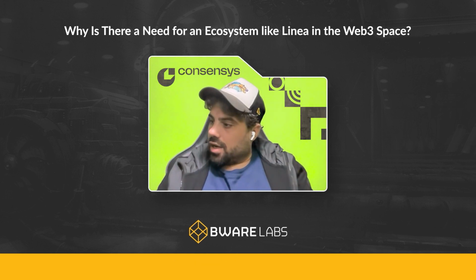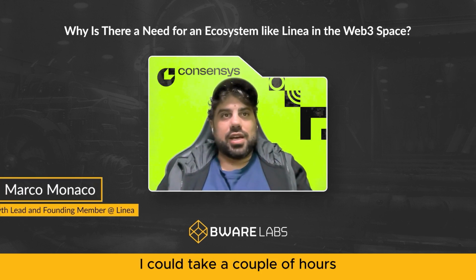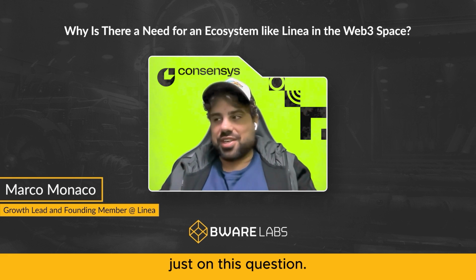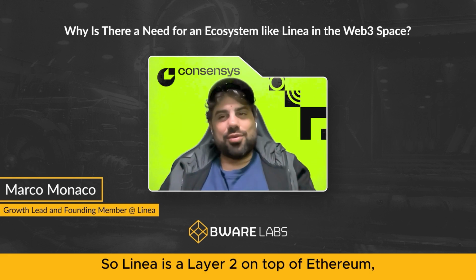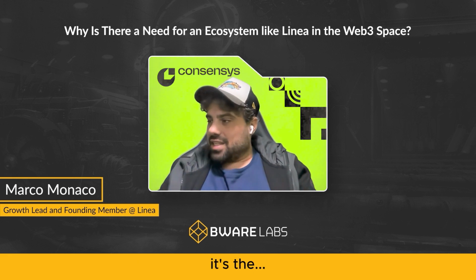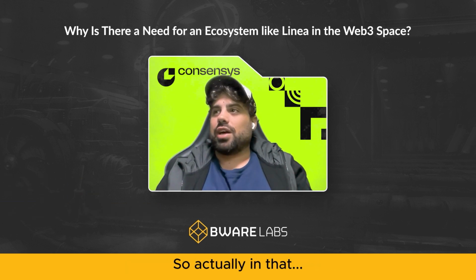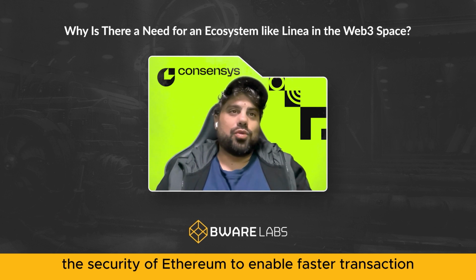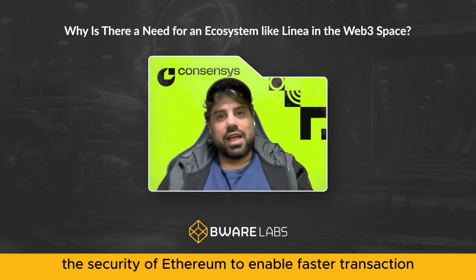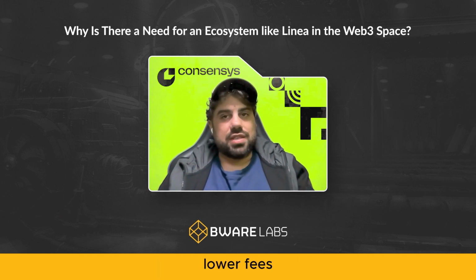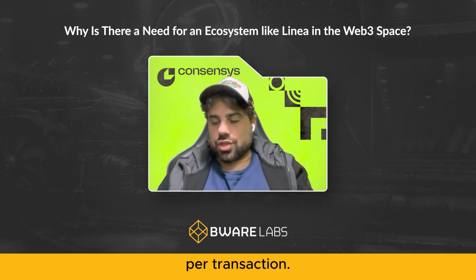Yeah, I could take a couple of hours on just this question. So Linea is a layer 2 on top of Ethereum. The purpose of Linea is scaling Ethereum. So it inherits the security of Ethereum to enable faster transactions and lower fees per transaction.